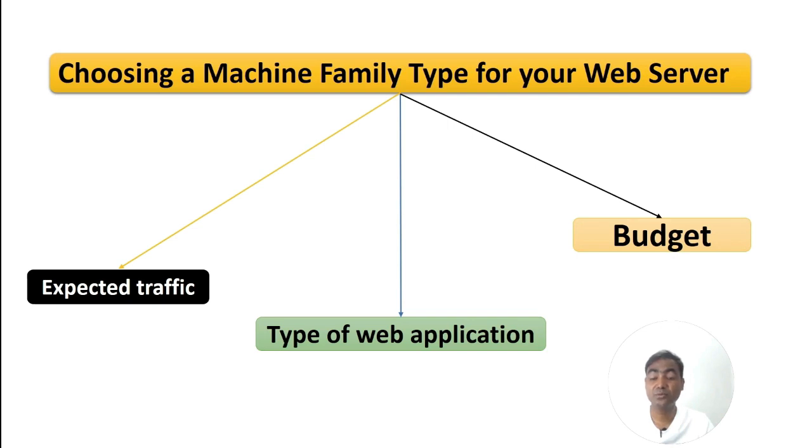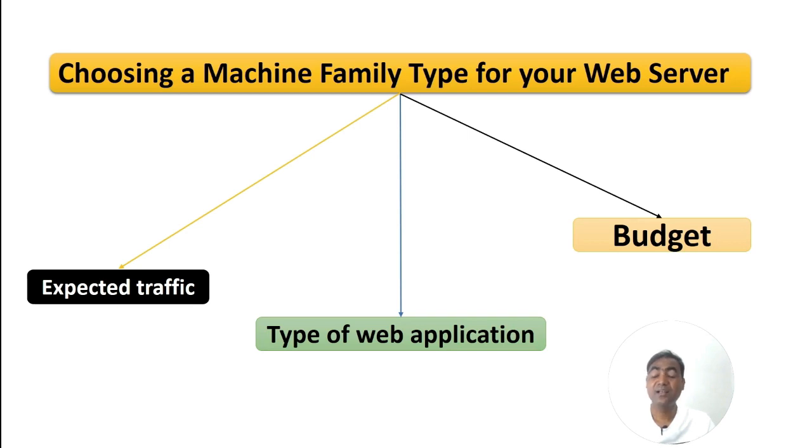Healthcare platform websites typically have a mix of static and dynamic content. They need to be able to handle a variety of workloads such as patient portal, medical record system, and the billing system. General purpose machines offer good performance for a variety of workloads including static and dynamic Java web applications.